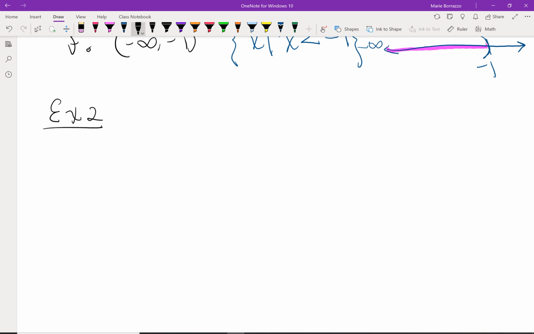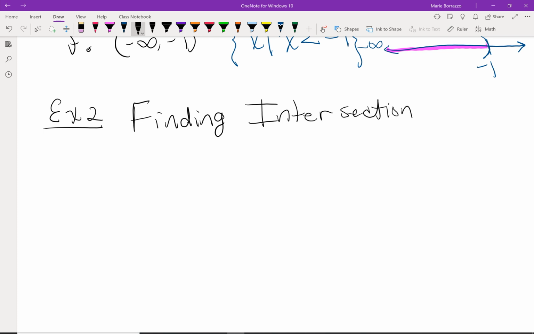In example 2, we are finding intersections and unions of intervals.